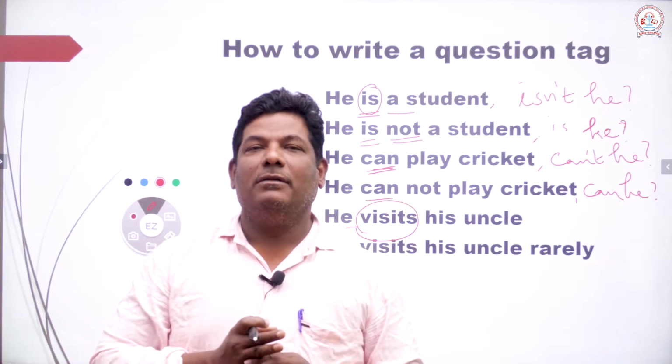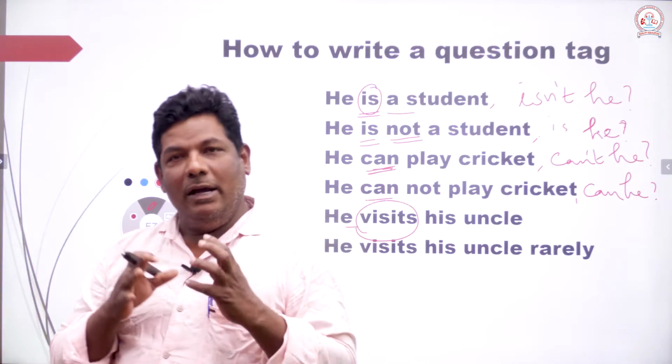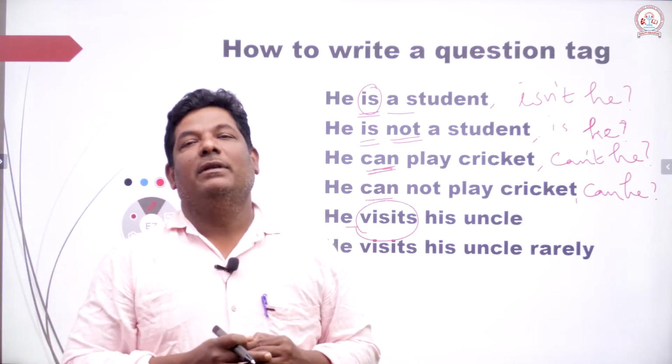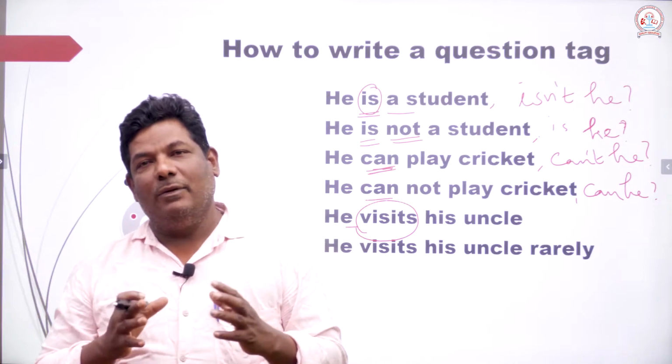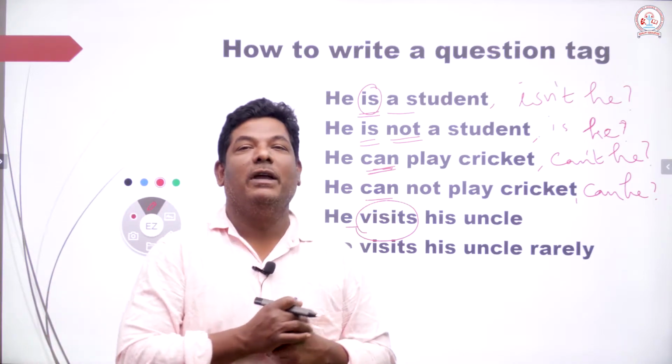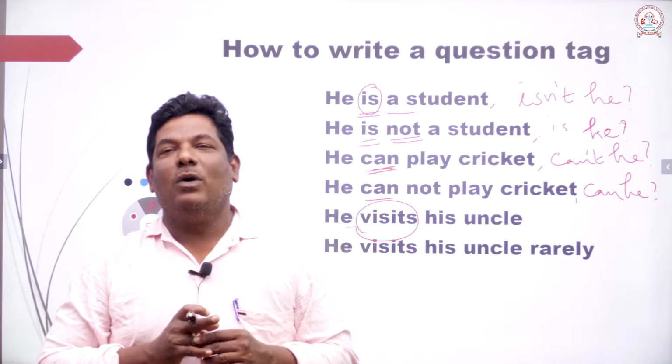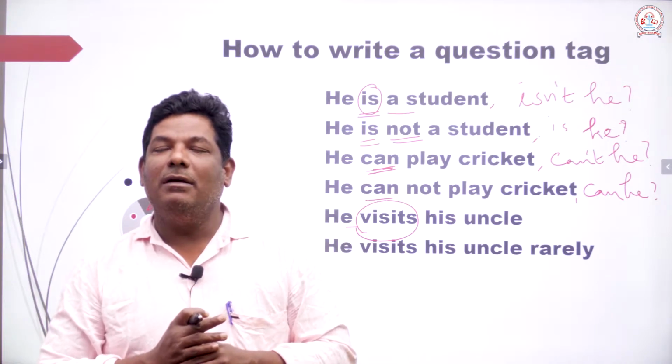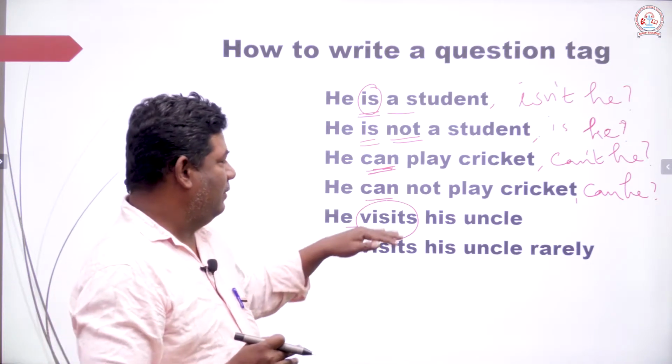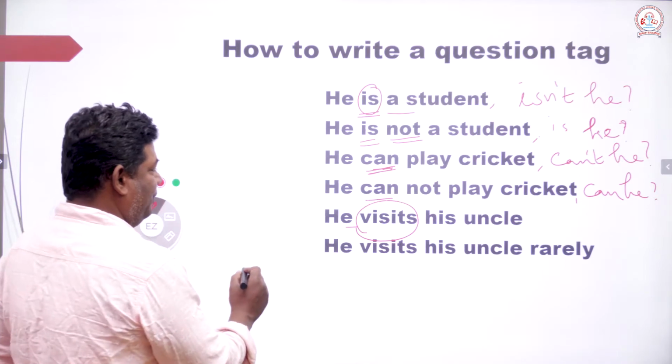We have an auxiliary verb hidden in the main verb. It is concealed in the main verb. It is inside the main verb. We have to find out what auxiliary verb is hidden in the main verb. See, for example, you are taking visit.